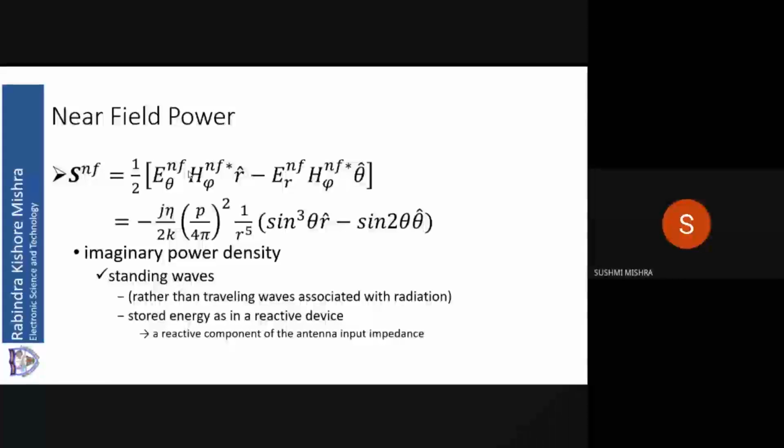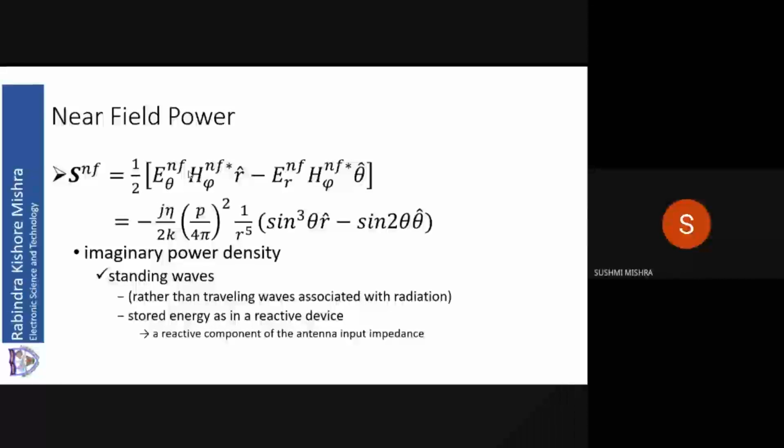What happens to the real part? Reactive part means imaginary part. What happens to the real part? The real part of the input impedance actually represents the radiation, if ohmic losses on the antenna structure are neglected. So neglecting the ohmic losses in the antenna structure, the real part is the radiation, from which we get R rad, the radiation resistance.